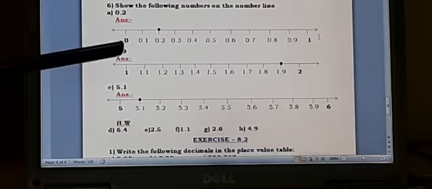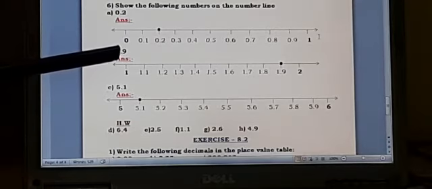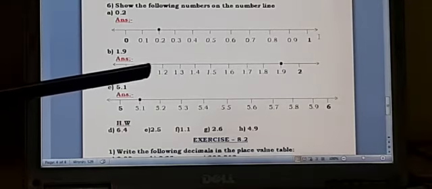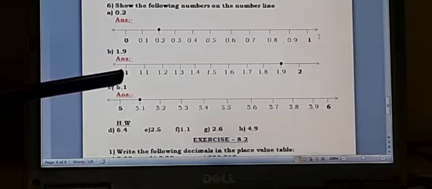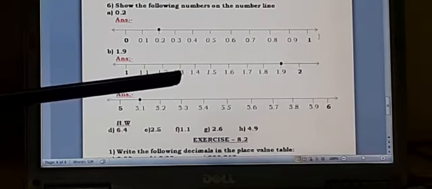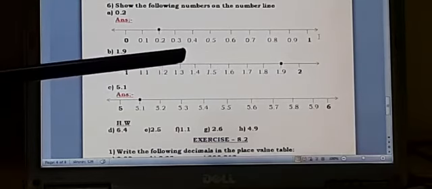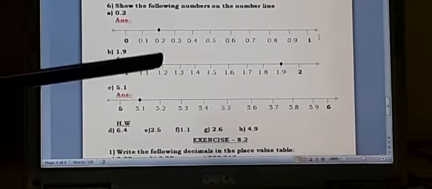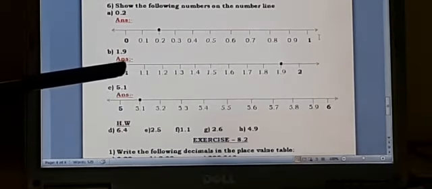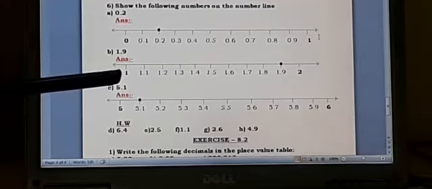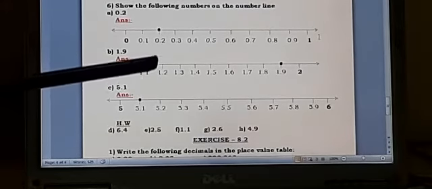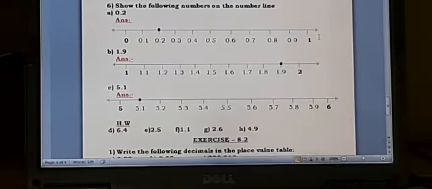See the next question, 1.9. Here 1 is the whole number. According to the whole number, we have to choose the number line. Here 1 is there, that's why between 1 and 2 we have to divide it into 10 parts. After making the parts, according to the whole number we have to write: 1.1, 1.2, like that it goes on.